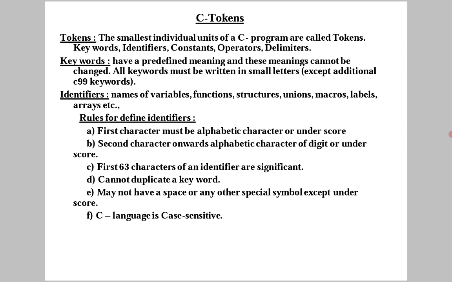There are many types of tokens, like keywords or reserved words, identifiers or variables, constants, operators, and so on. Keywords or reserved words are reserved for C programs, and they cannot be used as a variable in a program. Identifiers are variables.